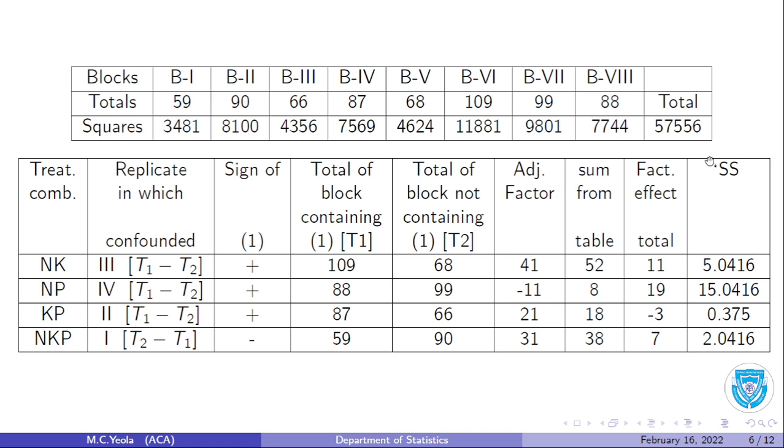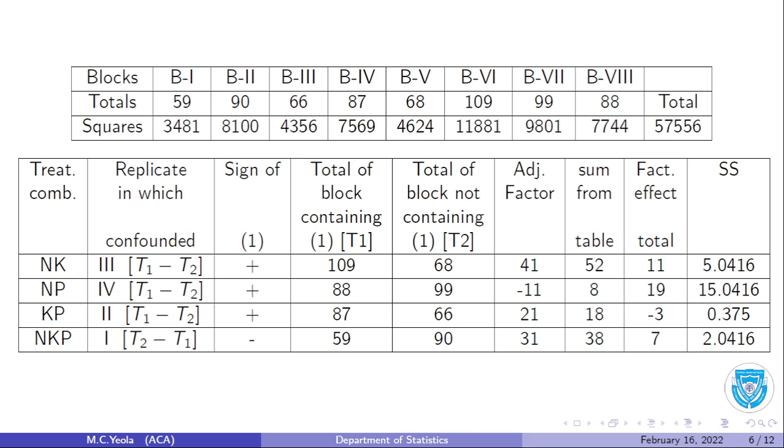And the sum of squares we once again obtain in our usual way. How are we doing that? Square of this divided by, in the previous case we divided by 32, but here this NK gets confounded in one of the replicates. So we are losing information related to NK in that corresponding replicate.